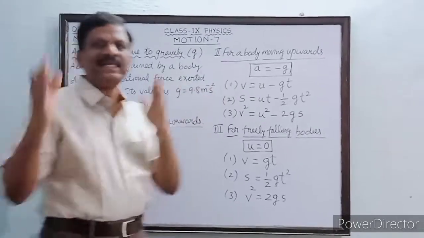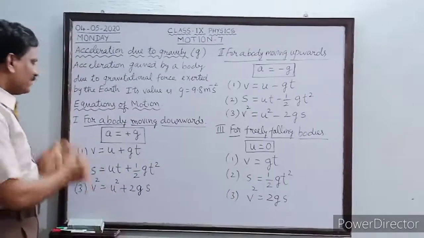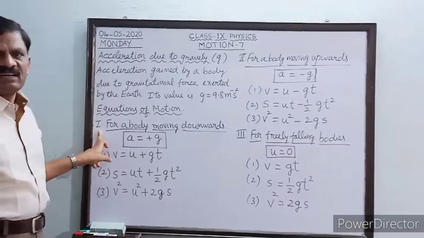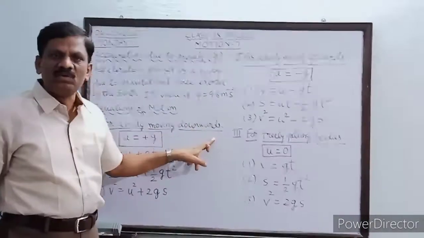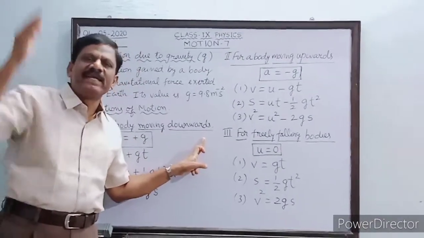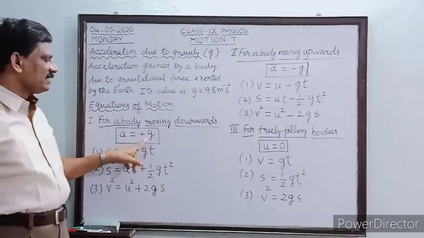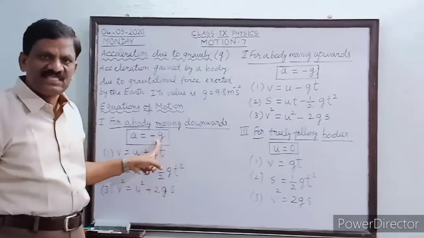So we are going to rewrite the set of equations of motion for different bodies. First one is the equations of motion for a body moving in the downward direction. So whenever the bodies are falling in the downward direction, they are falling along the direction of the gravitational force, and hence their acceleration is equal to positive, that is plus g.